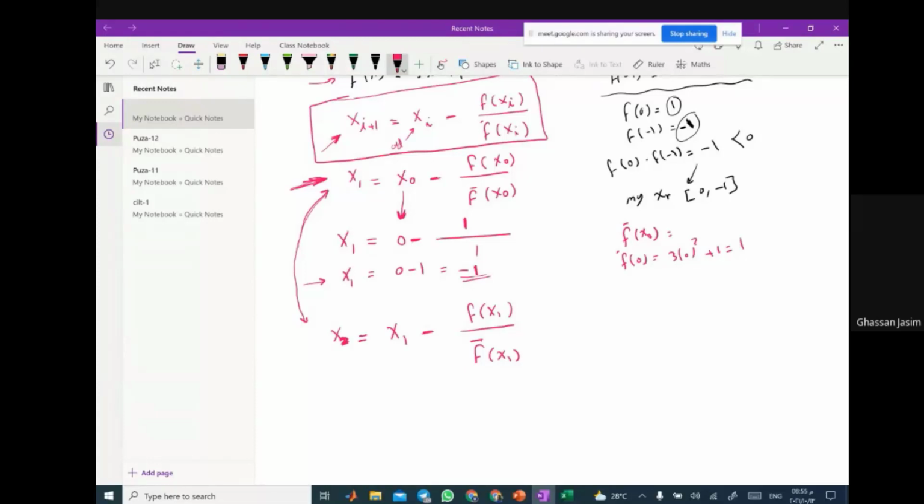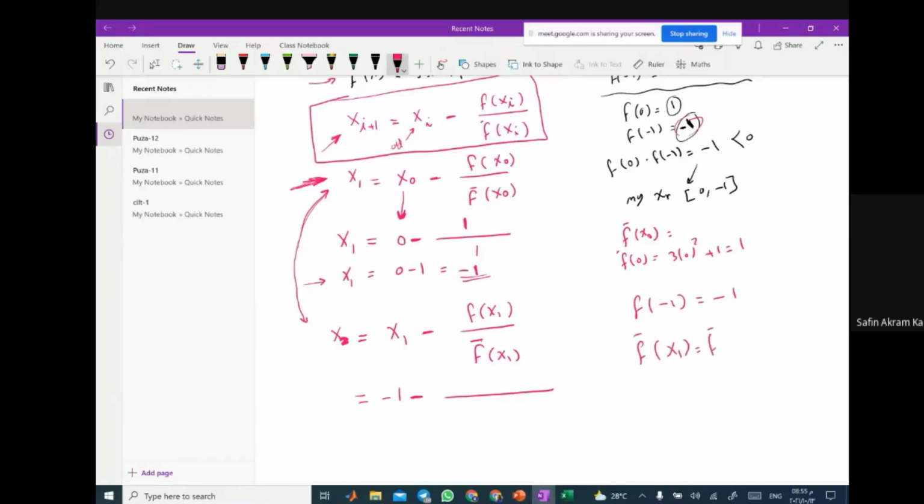Now, x1 equals minus 1, minus f of x1. Let's find f of x1. That means f of minus 1, which we already have. It's minus 1. What about f dash of x1?